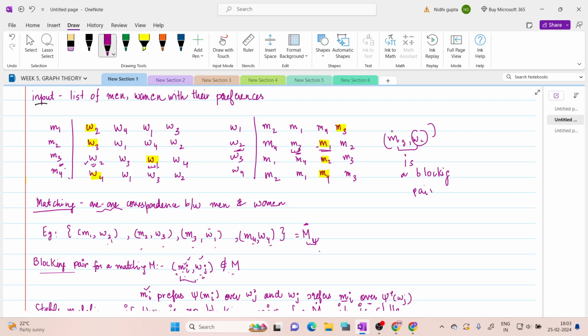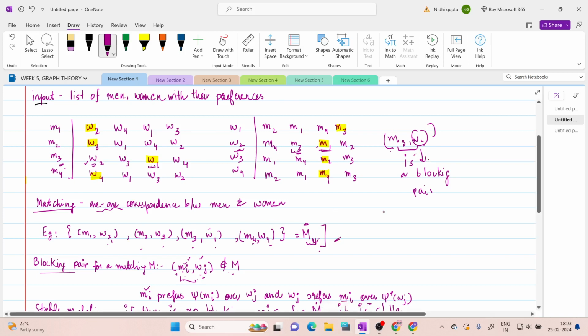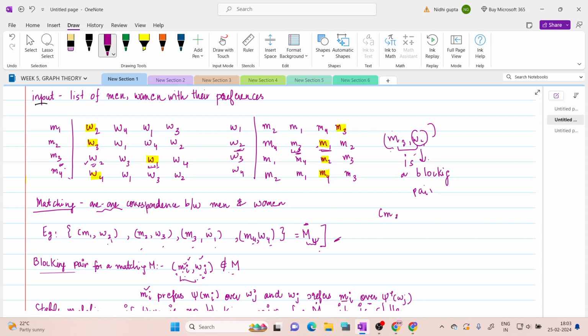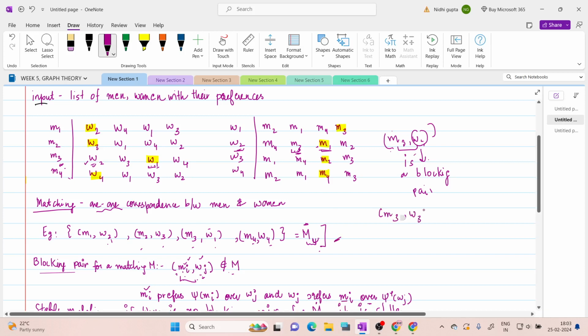Therefore, both in this pair M3 W2 are better off than the person they were initially assigned. So it is a blocking pair, and since it is a blocking pair, this cannot be a stable matching. But what about M3 W3? Is M3 W3 a blocking pair?